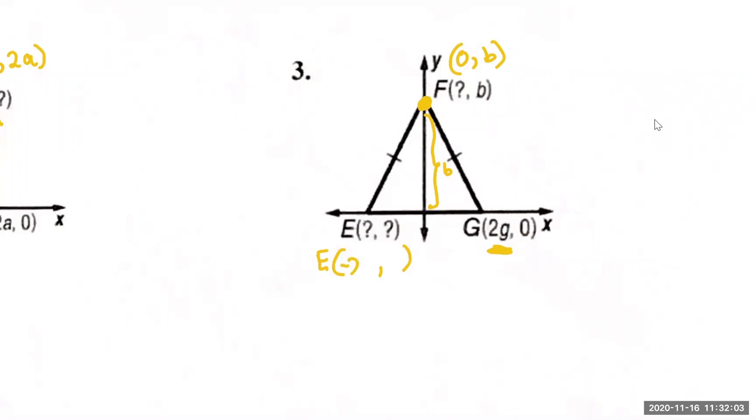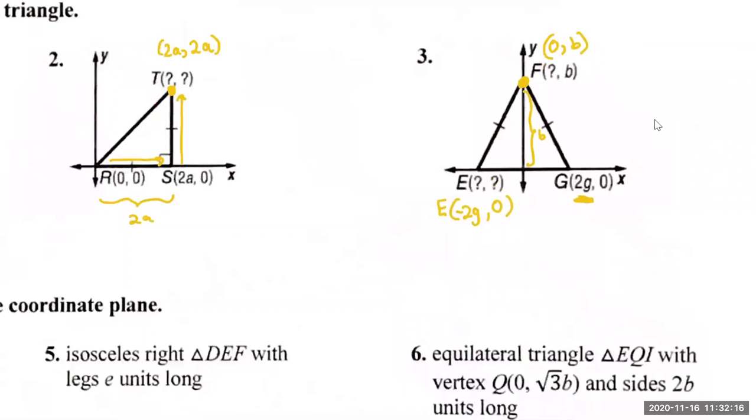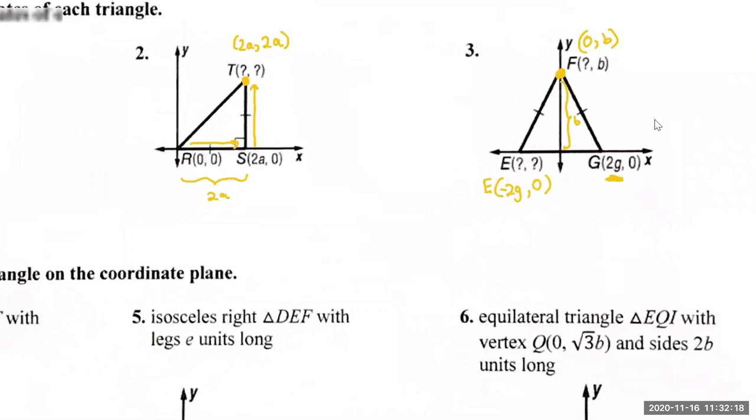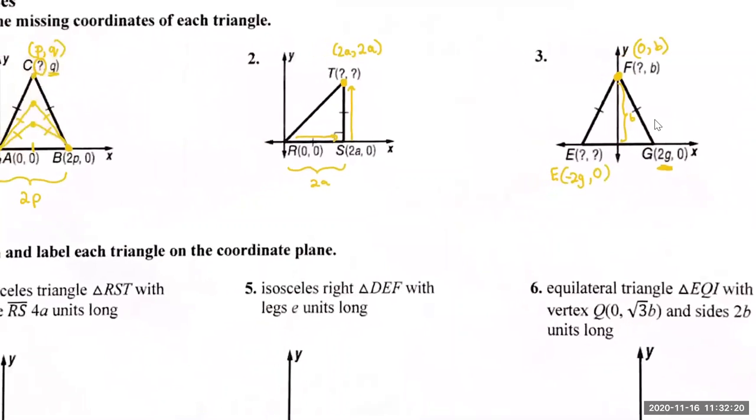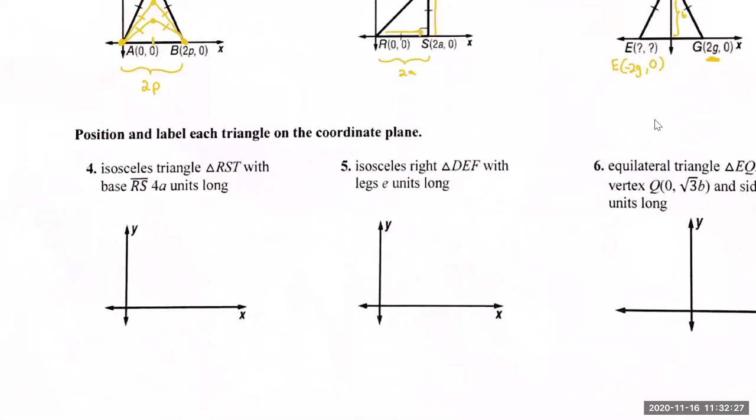This coordinate point is the same units away from the origin, but in the opposite direction in the second quadrant. That's -2g, 0. Very nice. Okay, so those are some of the beginning problems of coordinate proofs, given certain vertices already labeled and pre-assigned, you assigning the remaining ones.